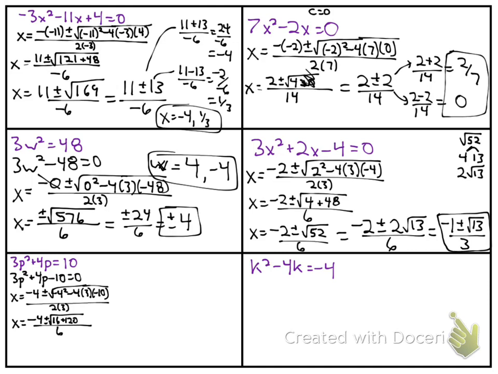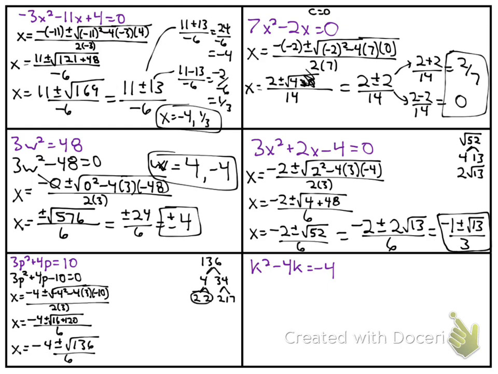Now, this gives us negative 4 plus or minus the square root of 136 over 6. So we need to see if we can simplify 136. So if I look at 136, it is 4 times 34, which gives me a set of 2's, and 34 is 2 times 17.